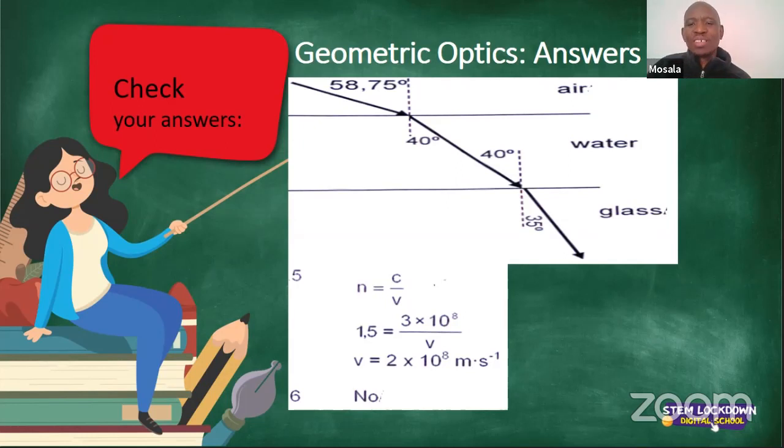Remember, one condition for total internal reflection is that light must be moving from an optically denser medium to an optically less dense medium. So here it is moving into an optically denser medium. So there's no way that total internal reflection can occur.